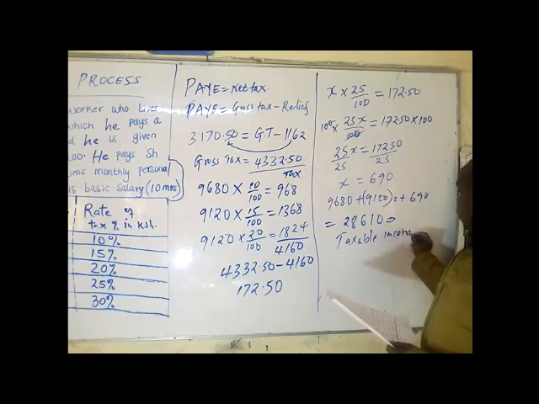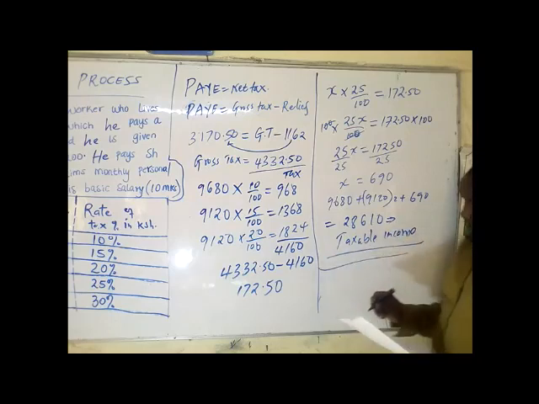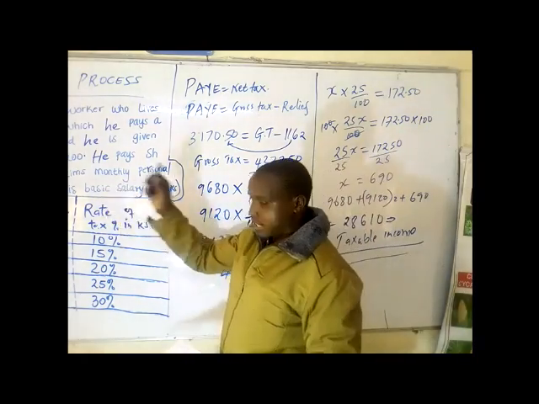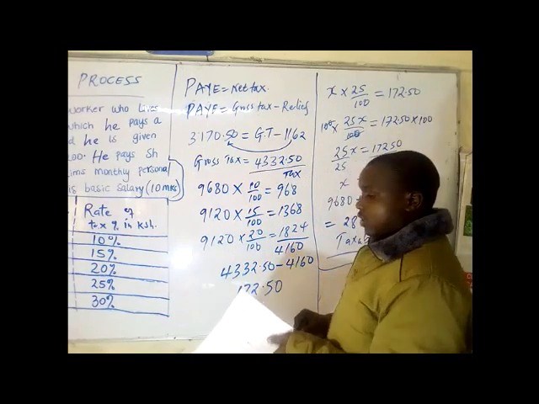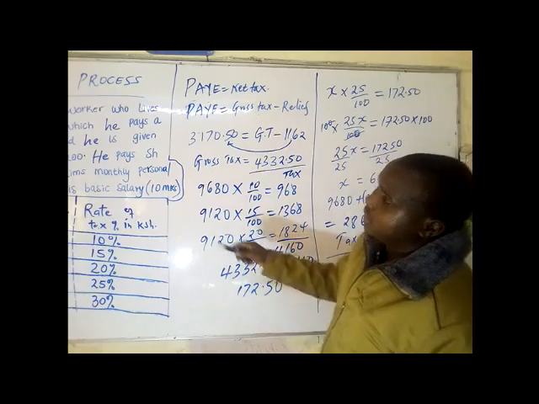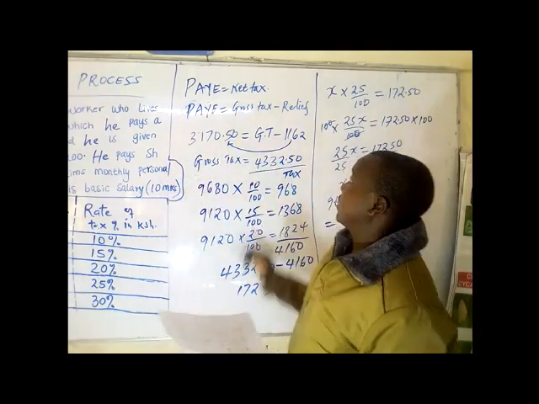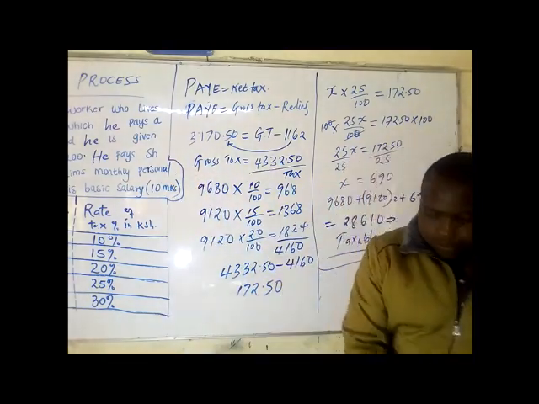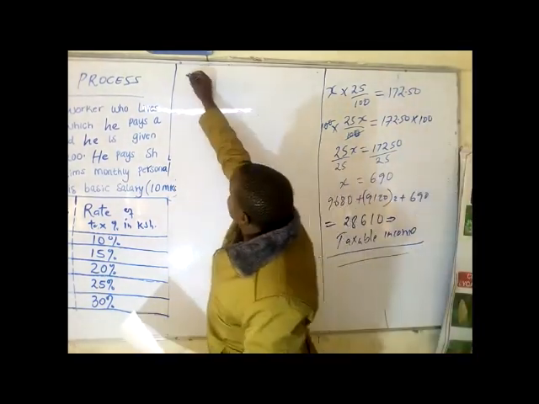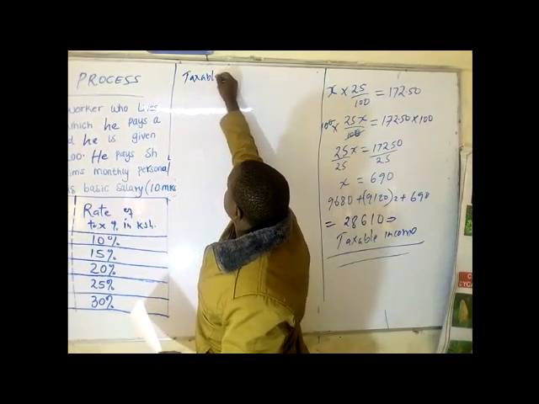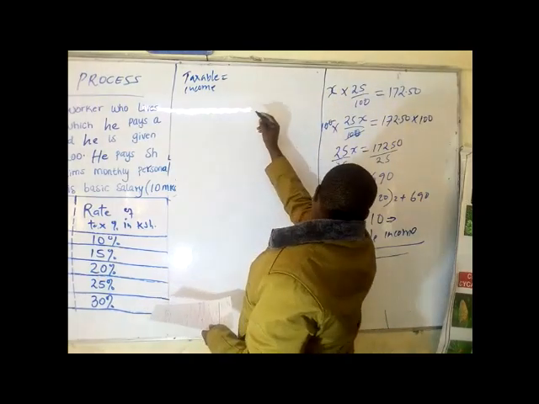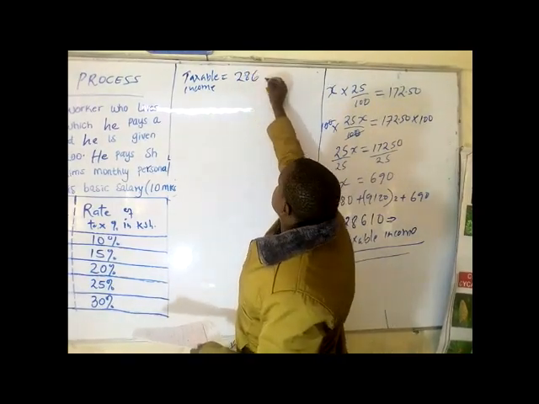Now we have calculated the taxable income, but that is not the question. The question is asking us to calculate the basic salary. So we talked about how to calculate taxable income when somebody is given a nominal rent. So our taxable income is 28,610.